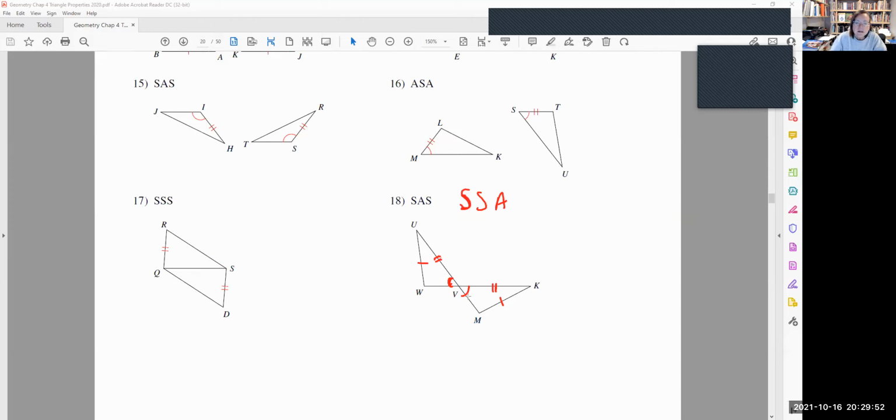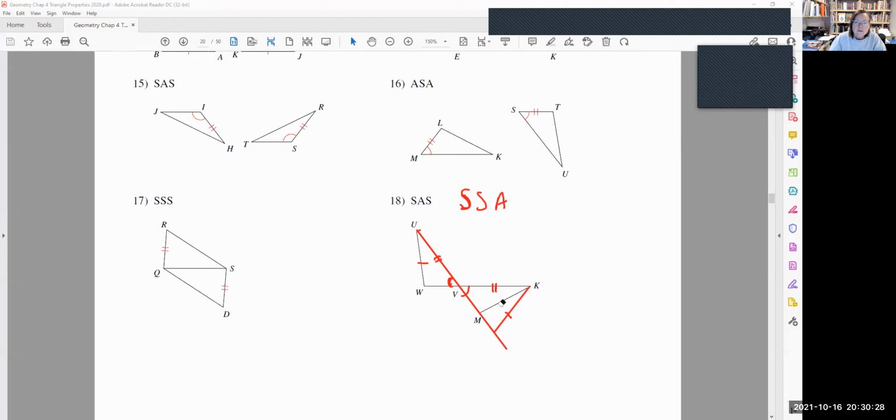Let's say this VM here is not fixed, and this angle here is not fixed. Well, I could redraw KM like that, as long as it's congruent. Let's just say it could be over here, all right?